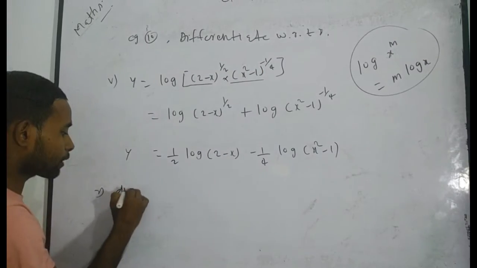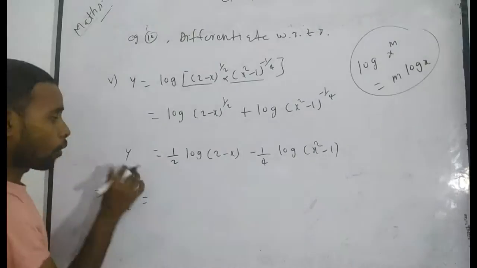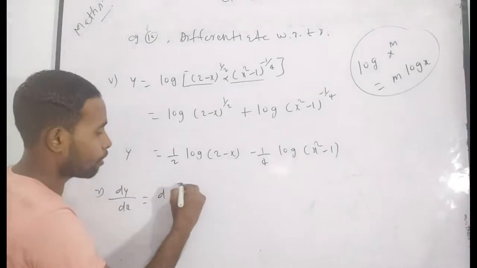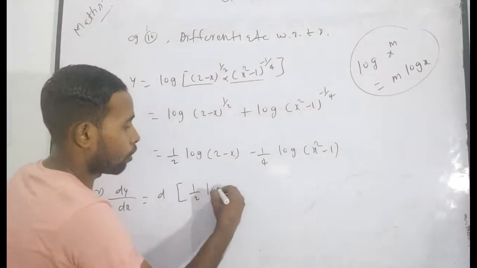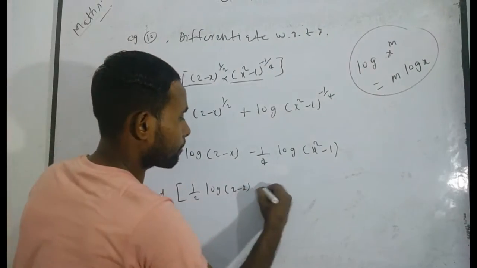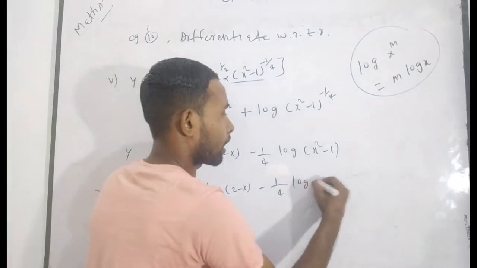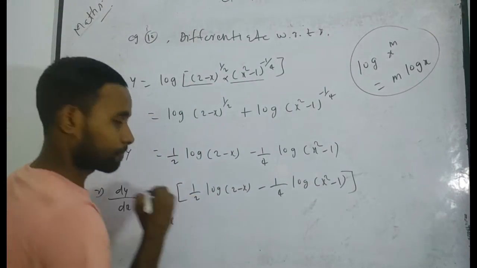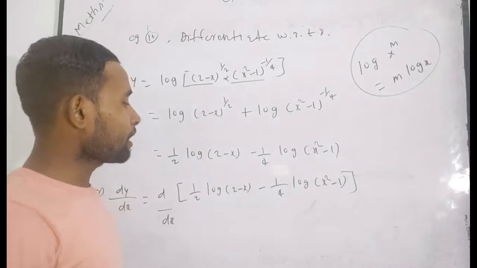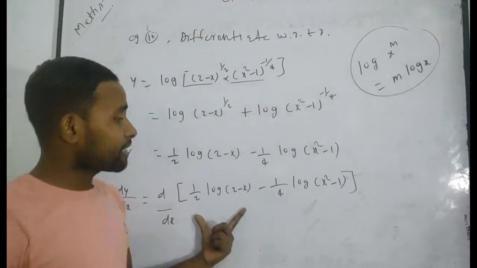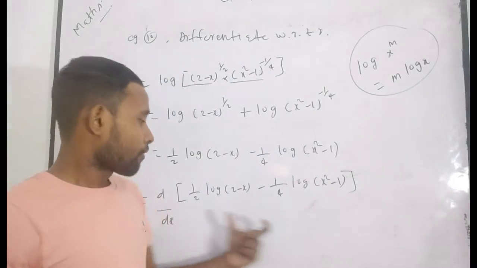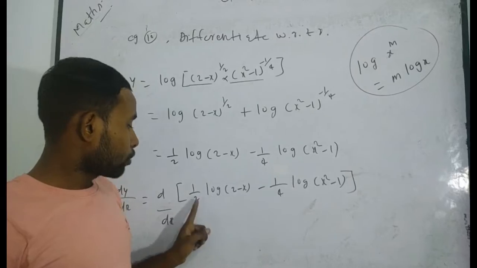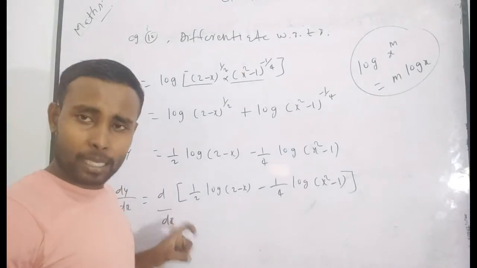Can I write directly? The derivative of the whole function with respect to x will be the derivative of 1 upon 2 log 2 minus x minus 1 upon 4 log x square minus 1 with respect to x. Now again I will tell you, when you differentiate this function, first of all, as you know, 1 upon 2 is a constant, so you can take it out.